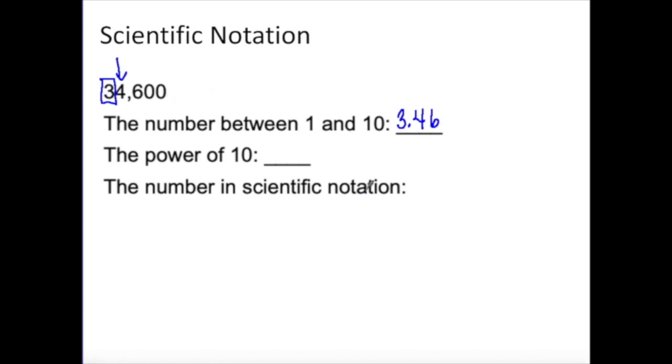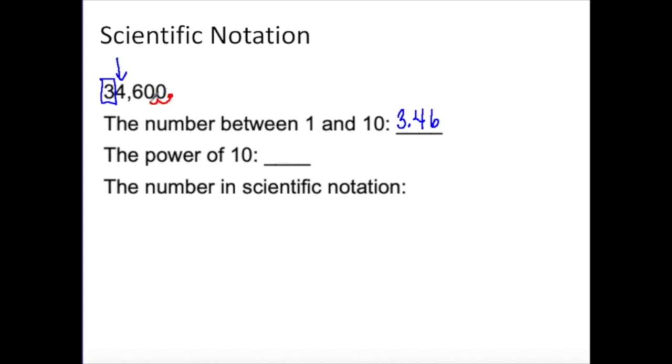So now I need to think about, well, how did I get there? Well, what I did was I simply divided this 34,600 by a power of 10. So we can find that by counting. Originally, the decimal was back here behind this last zero. When I move it one decimal place, that's 1 power of 10.